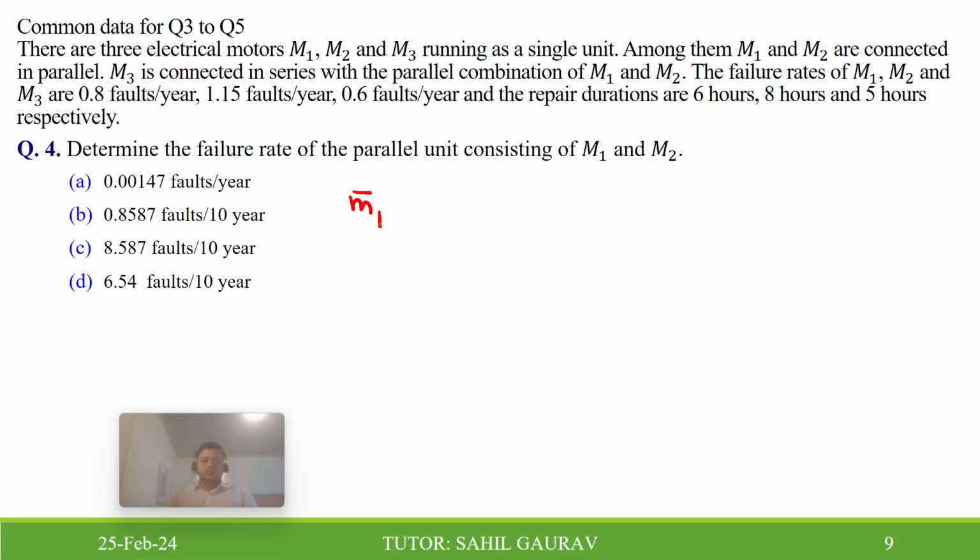Mean time to failure for the parallel unit, we know that this is 1 plus summation of lambda i into Ri bar, divided by the multiplication of the failure rates into the summation of repair durations. This is for the parallel unit.